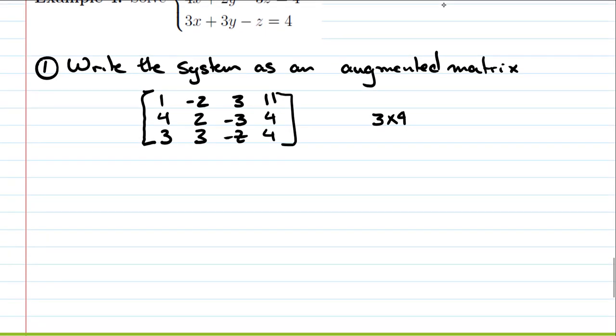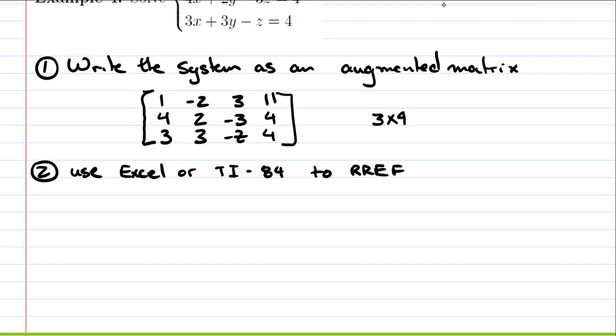So now step 2 is we're going to use Excel or a TI-84 to RREF the matrix.